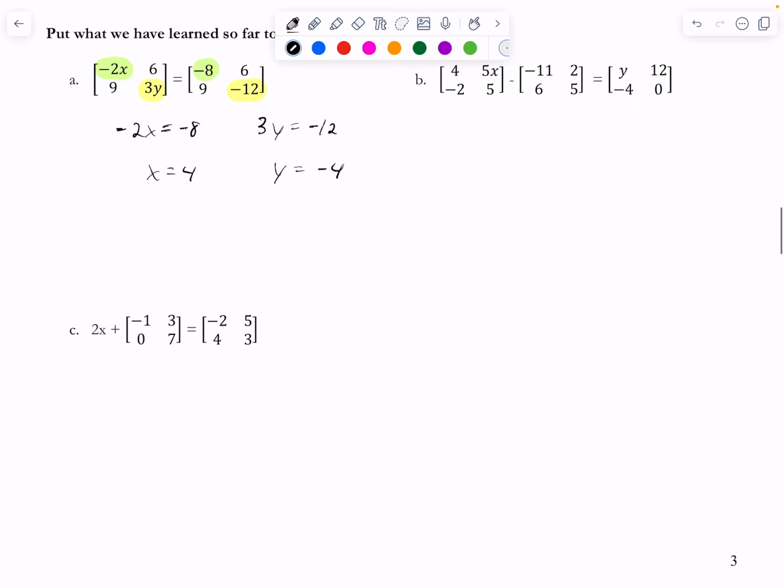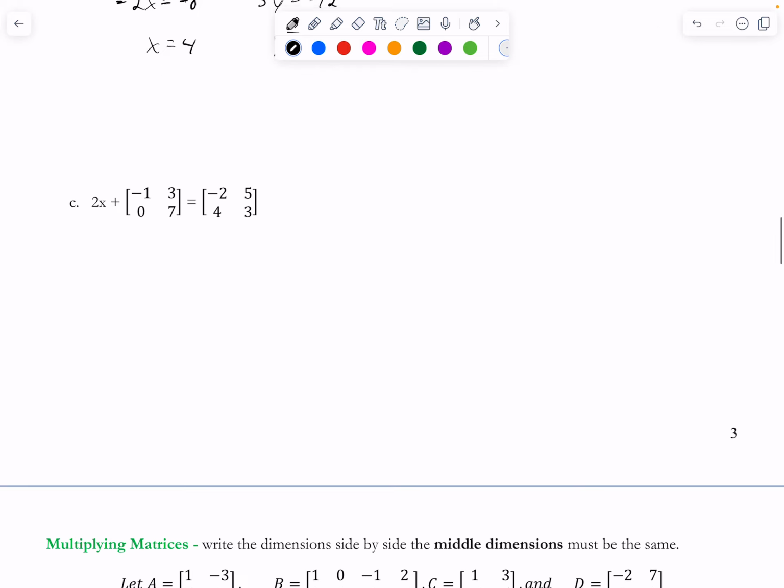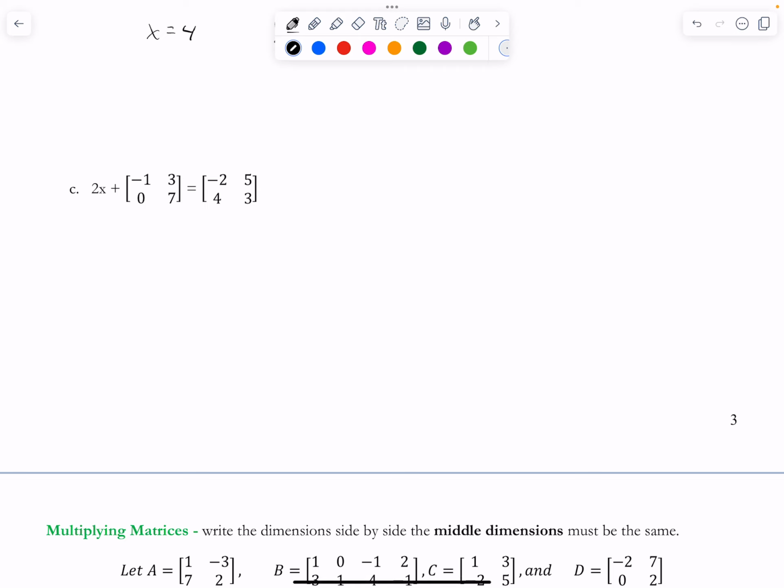All right, for C, a little bit tricky here because we're solving for that x. I'm going to take this matrix that's on that same side and subtract it to the other side. So I'm going to subtract that entire matrix to move it to the right side. Okay, so I subtracted it over there, and I'm just going to bring this down.